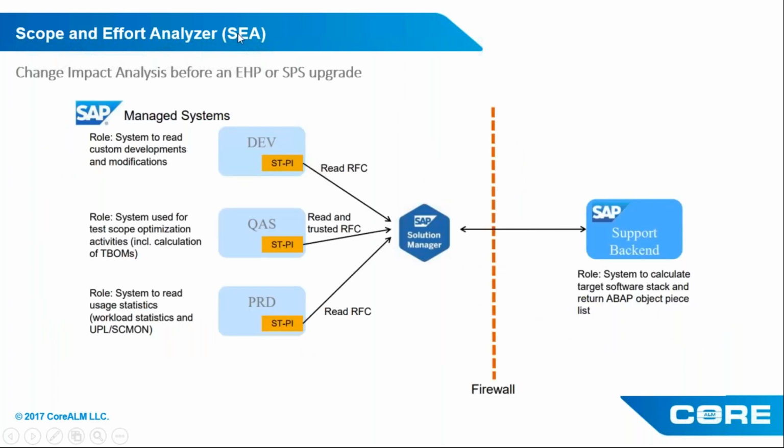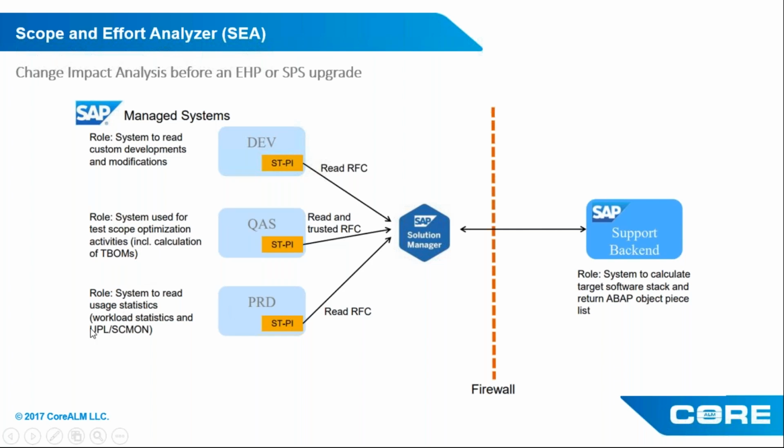To give you a little bit better idea of how Scope and Effort Analyzer works, it works with the development system, and it picks custom developments and modifications out of your quality system. It's going to pick up to do test scope optimization and calculate T-BOMs.